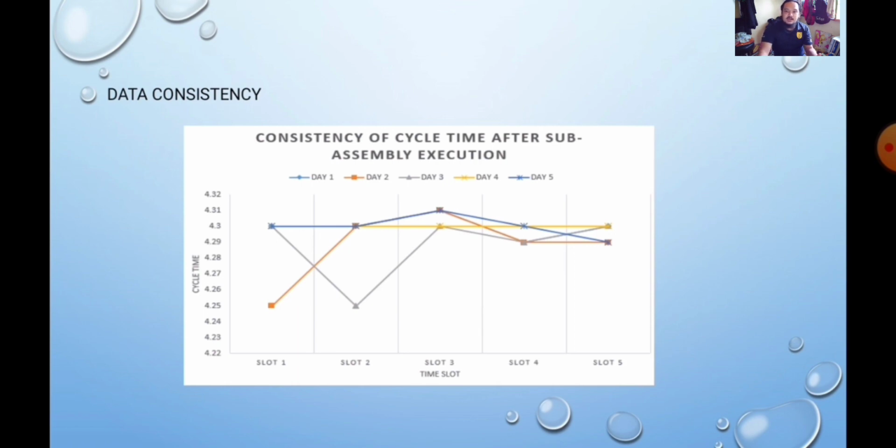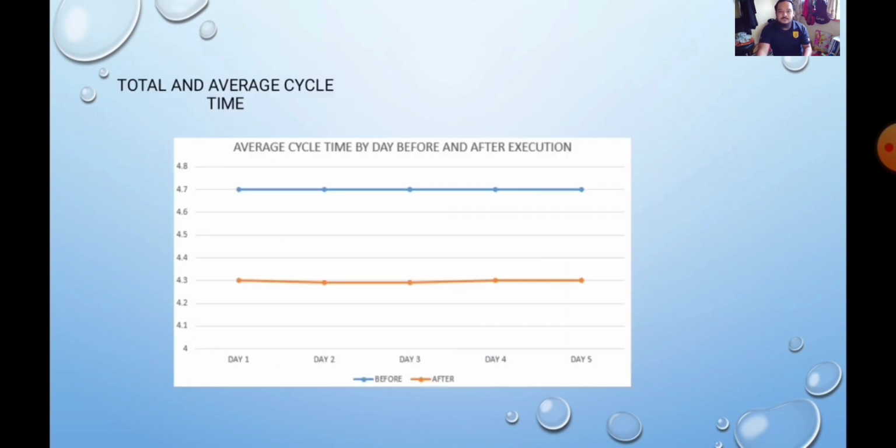Next, there are certain readings that take less time, which is 4.25 minutes. The operator finished the job early. Basically, most perfectly achieved 4 minutes and 80 seconds, which is 4.3 minutes. So all the data and graph show the consistency of the new cycle time that can be done.